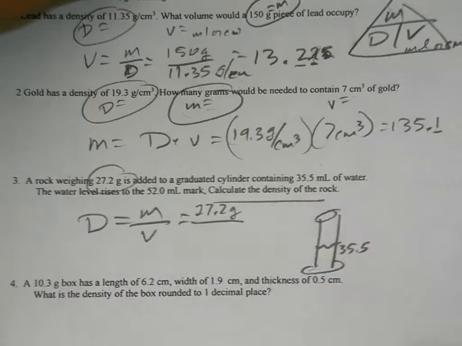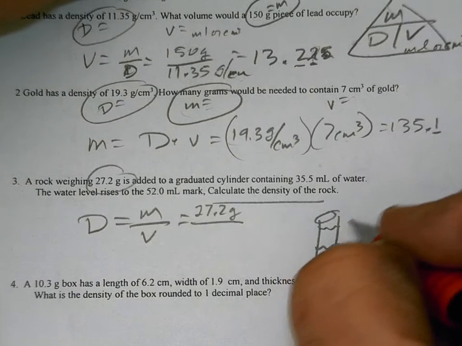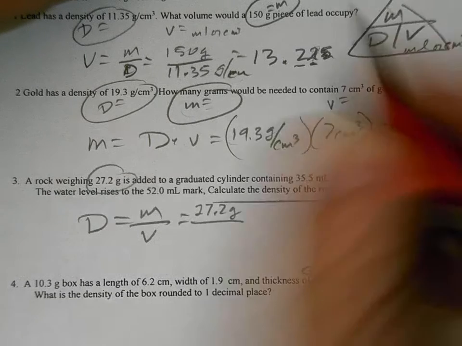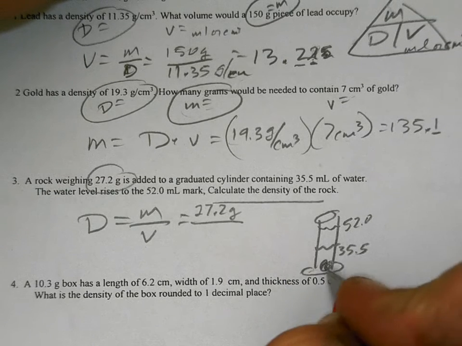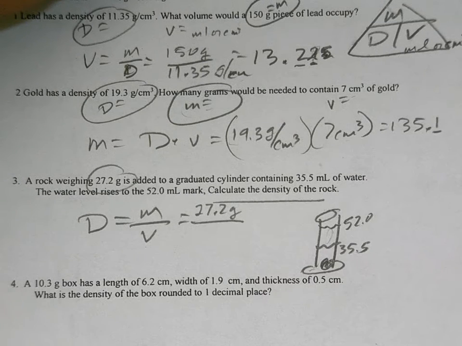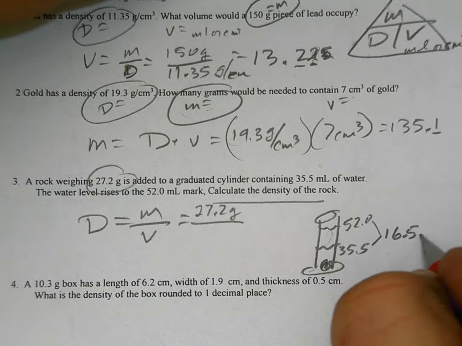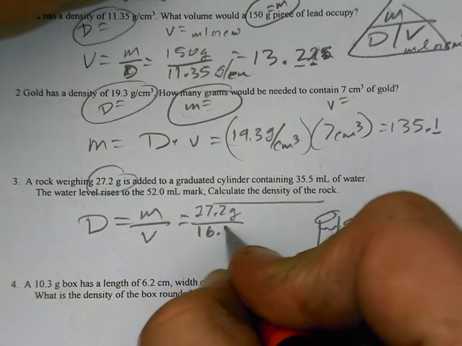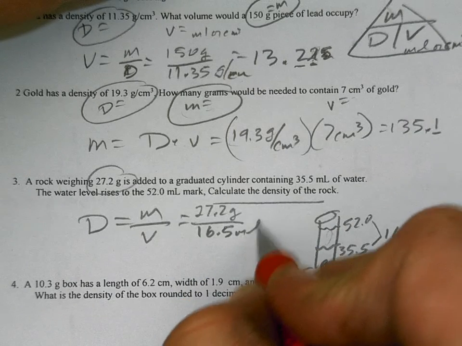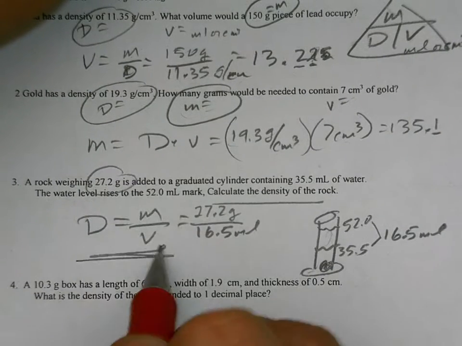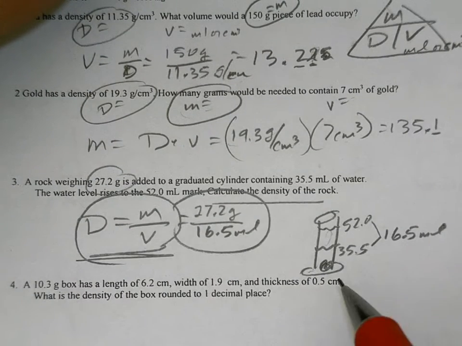Then we added water and the rock, and it went up to 52.0. We subtract those two numbers because after we put the rock in, the water level went up. 52 minus 35.5 equals 16.5 milliliters. Now you do your math with your calculator, but always show the equation you're using and then substitute in the values.